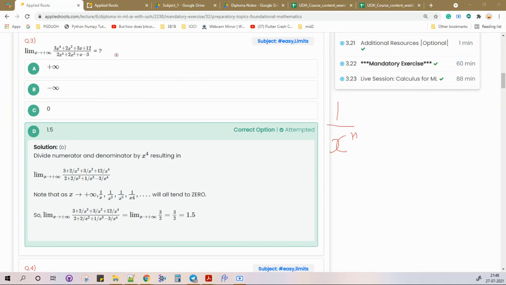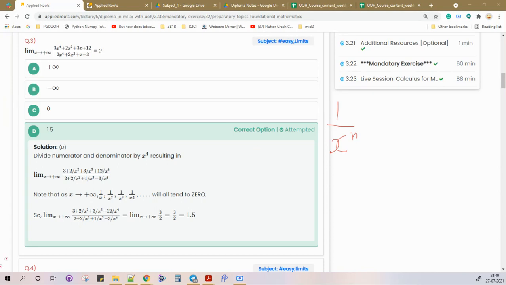So if you can convert your terms into 1 upon x to the power n, it is really easy to solve. We need to take the highest degree polynomial from the denominator and numerator. I'm just giving the generalized rule, and divide denominator and numerator by the same. So here the highest degree in numerator and denominator is x to the power 4, so we will divide both by x to the power 4.